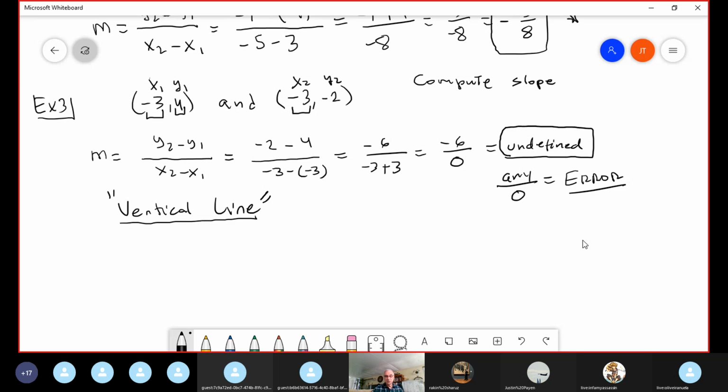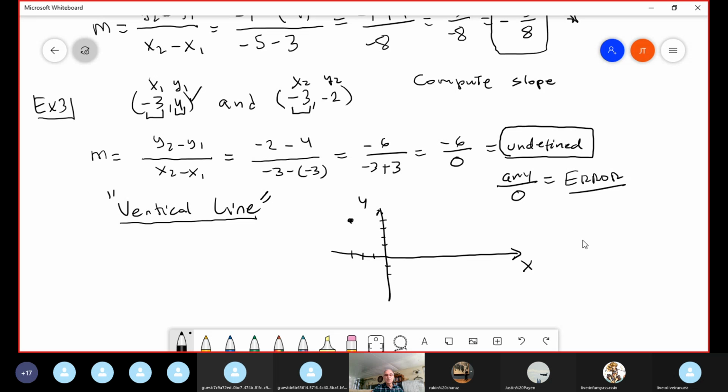Let me try, miss, to explain more clearly. Suppose that we don't know anything and we are plotting the points. The first point is -3, 4. The second point is -3, -2.